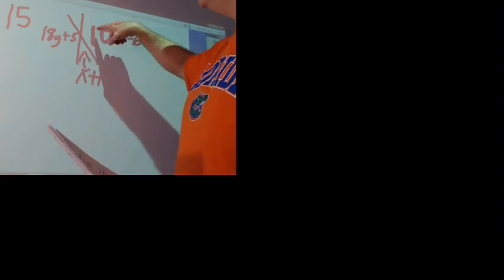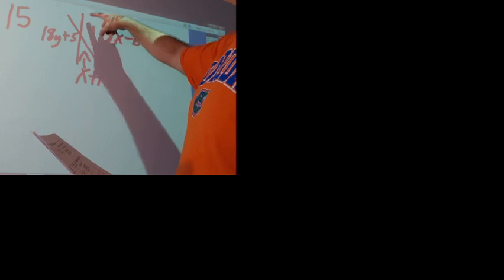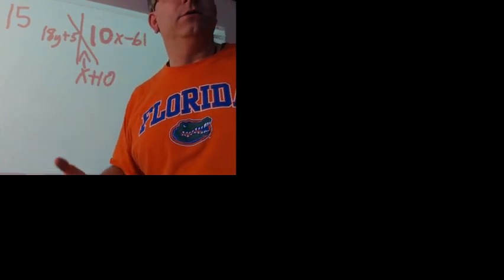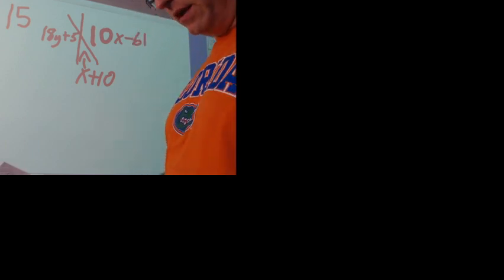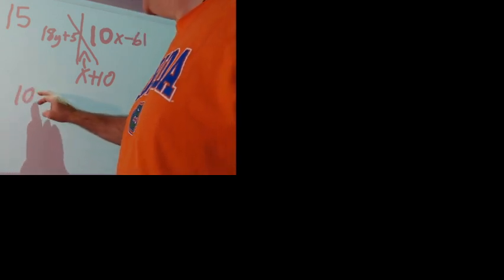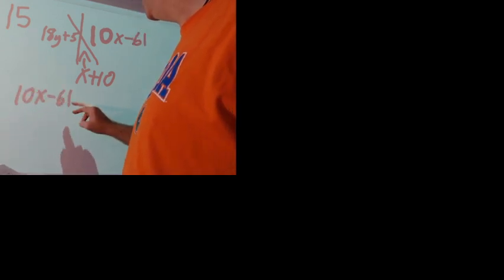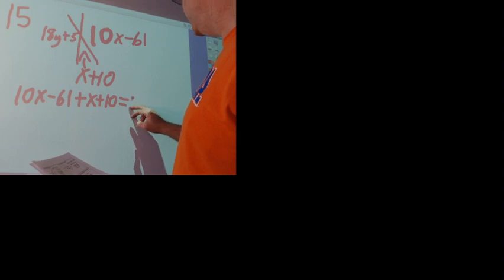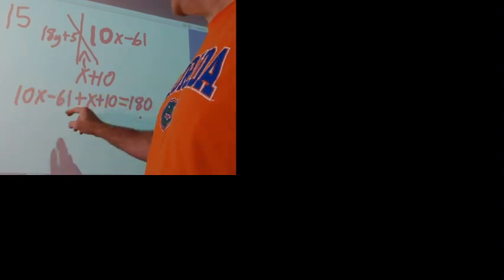Now I can see that these two angles right here form a linear pair. They're adjacent, so I know they're supplementary. So now I take 10x minus 61 plus x plus 10, and it's going to equal 180. Now I'm going to solve for x.